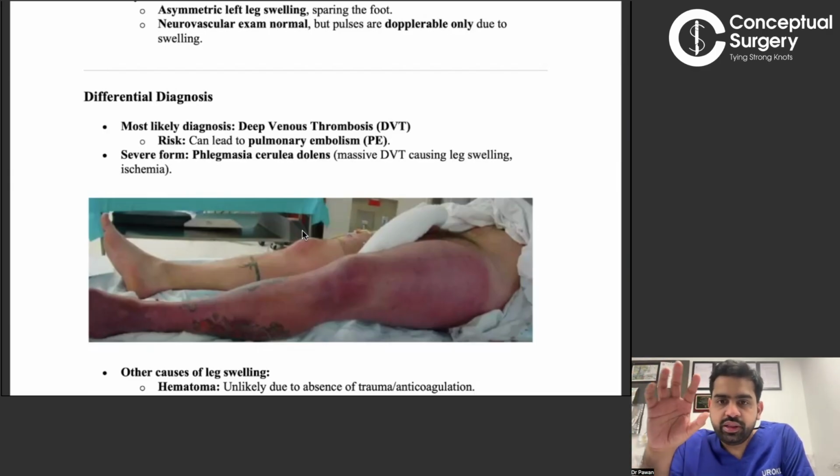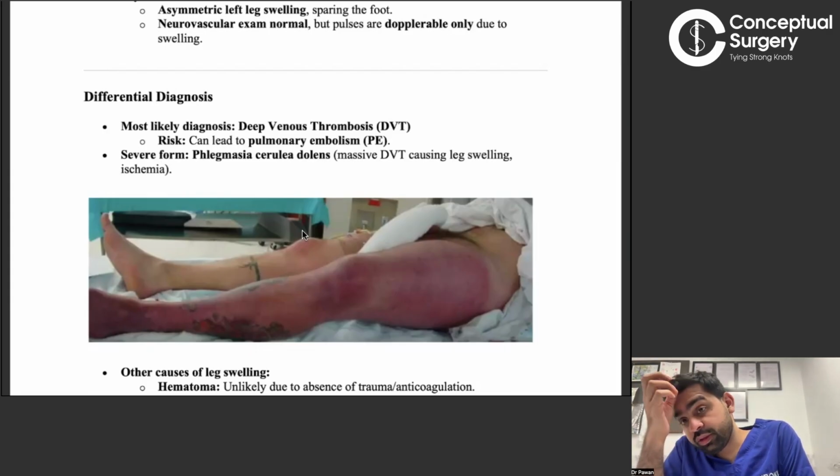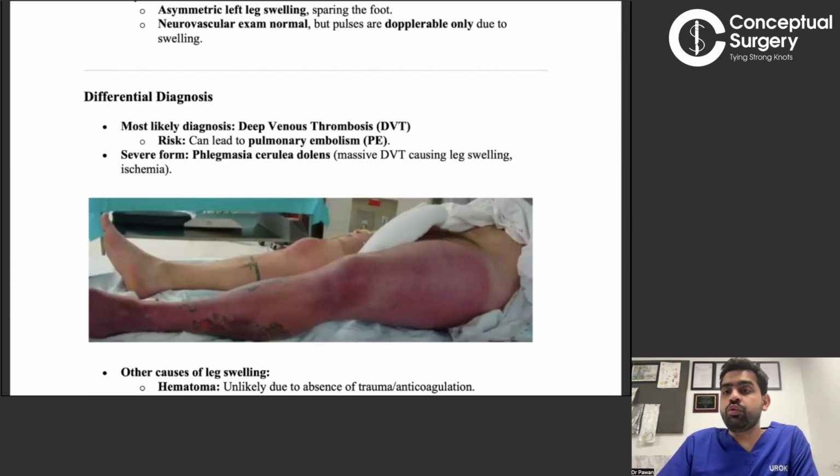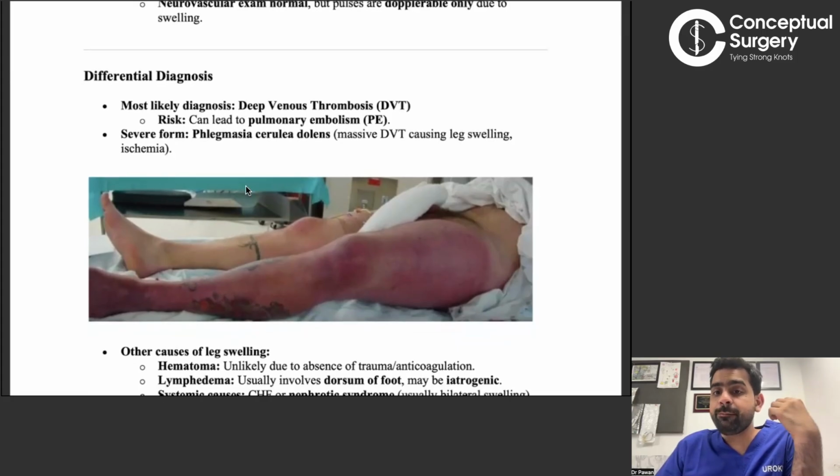Right. Now, another thing, or what you would call a severe form of deep venous thrombosis, is something called phlegmasia cerulea dolens. Now, what is phlegmasia cerulea dolens? It is whenever you have a massive deep venous thrombosis which has caused the leg swelling, it can also lead to some kind of ischemia. Here in the image of the patient, you have massive swelling of the left leg because of the DVT, which has led to ischemia of that particular left leg.